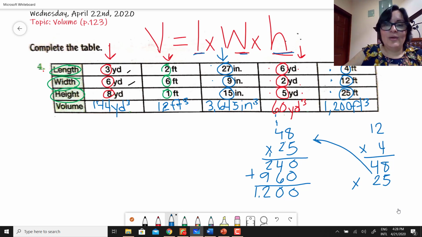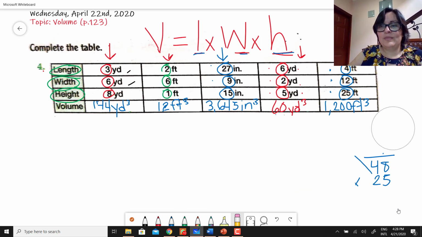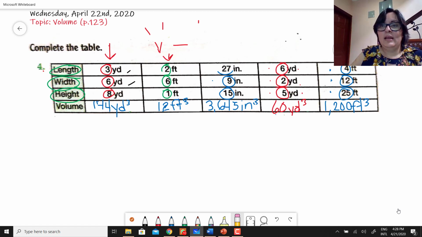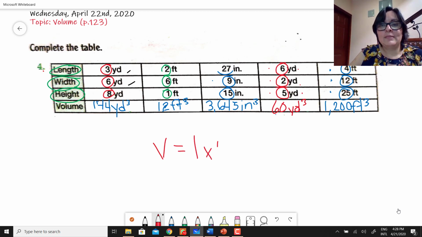Okay, so let's erase this, but after you copy it, okay? So if you didn't copy it, return to the video and copy the process, okay? So remember, guys, what we did here was to apply the formula: volume equals length times width times height.